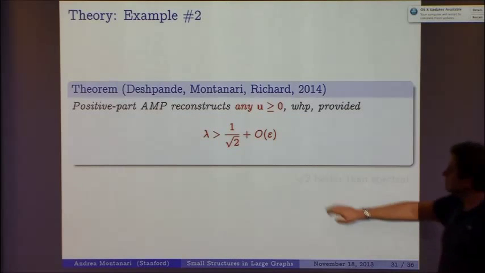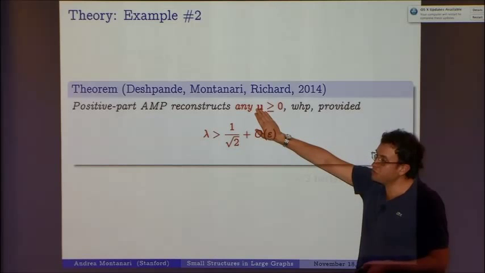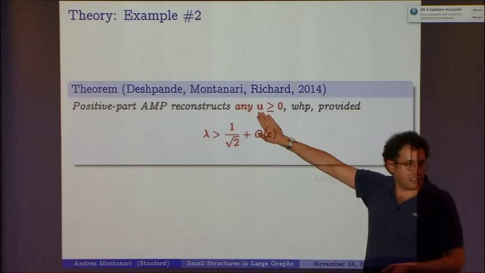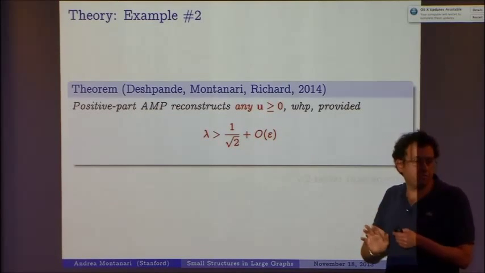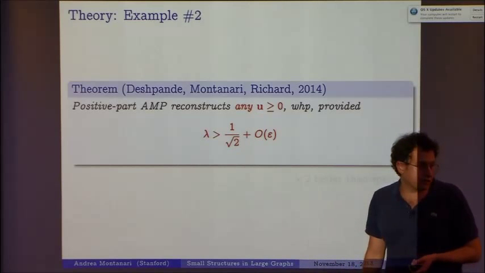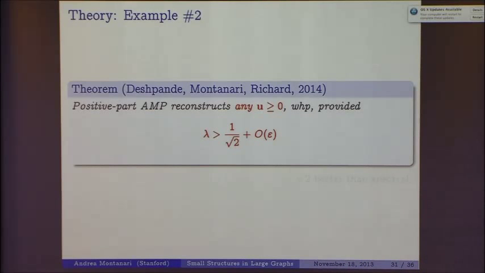In fact, we can wonder what happens if you just use non-negativity. So you want to reconstruct any principal vector that is non-negative. It turns out that this positive part iteration does it as soon as lambda is bigger than 1 over square root of 2. The standard PCA phase transition is at signal-to-noise ratio equal to 1.